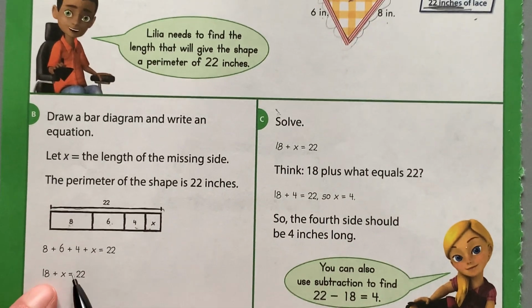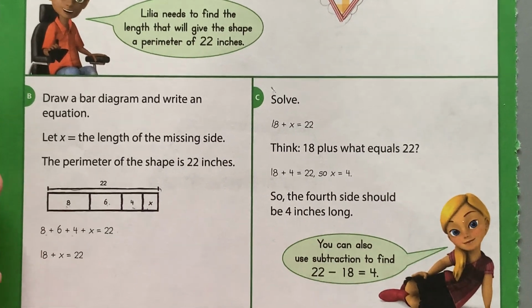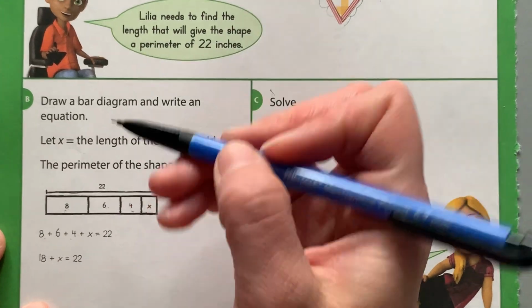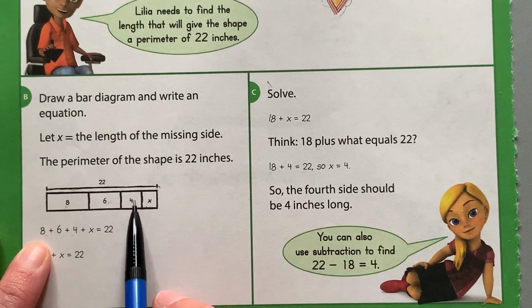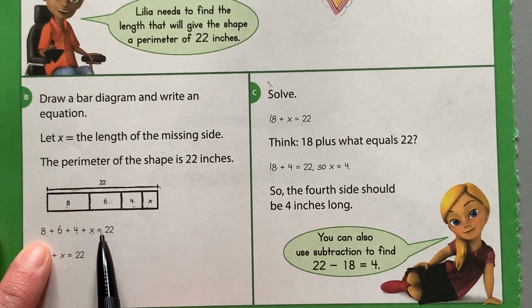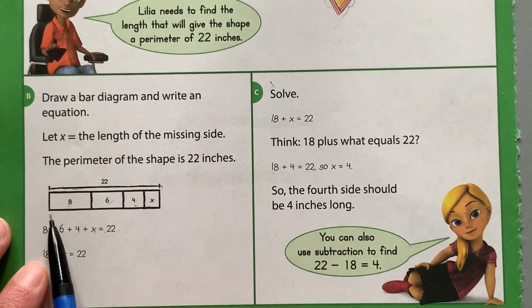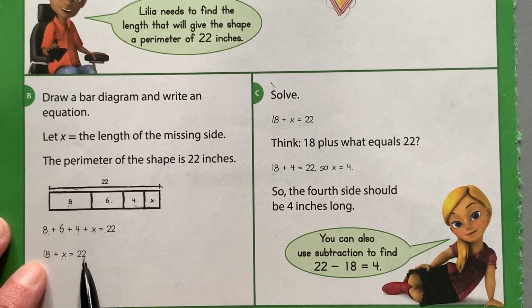And so what they're going to do is add together what these things equal. This is an algebra sentence here, where it shows us that it's the same thing as 8 plus 6 plus 4 plus X equals 22. So when I add all these together, I get 8 plus 6 plus 4 is 18, plus X equals 22.